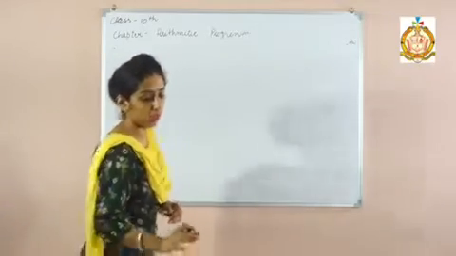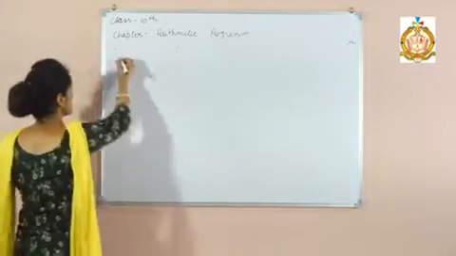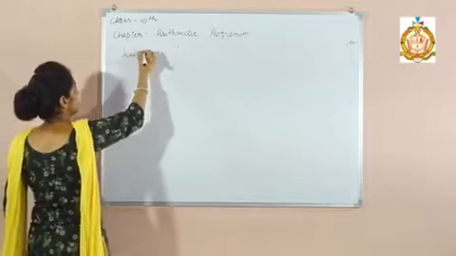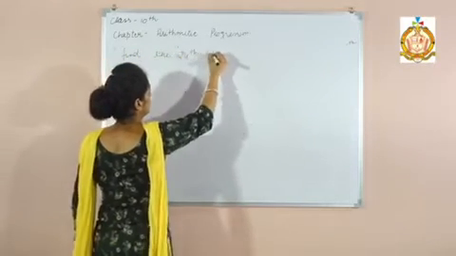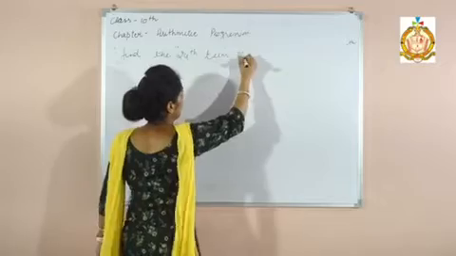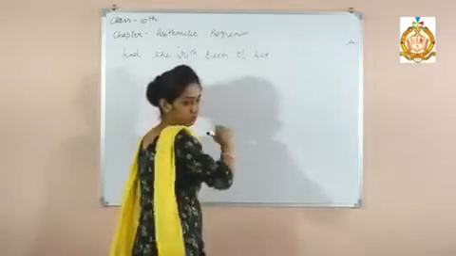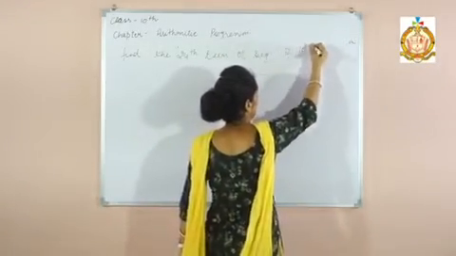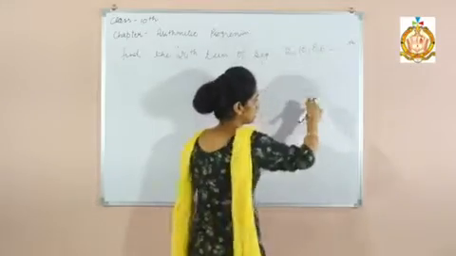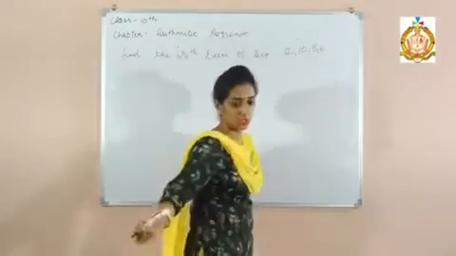Find the 24th term of the sequence 12, 10, 8, 6. Right?